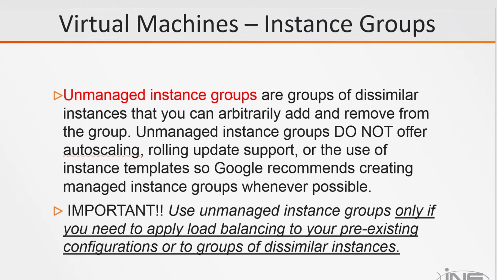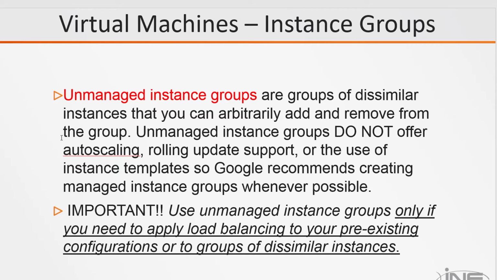And then an unmanaged group is different in the sense that you have dissimilar instances. So again, if you have this VM with this config here, and then you have another config over there, well, those VMs may not be managed because, again, the configuration could be different.